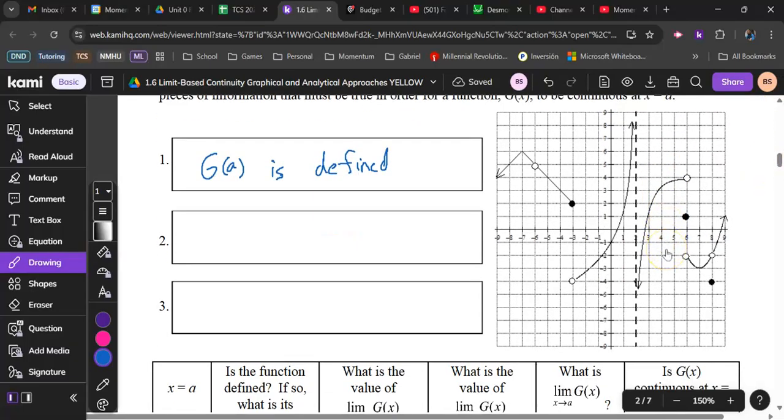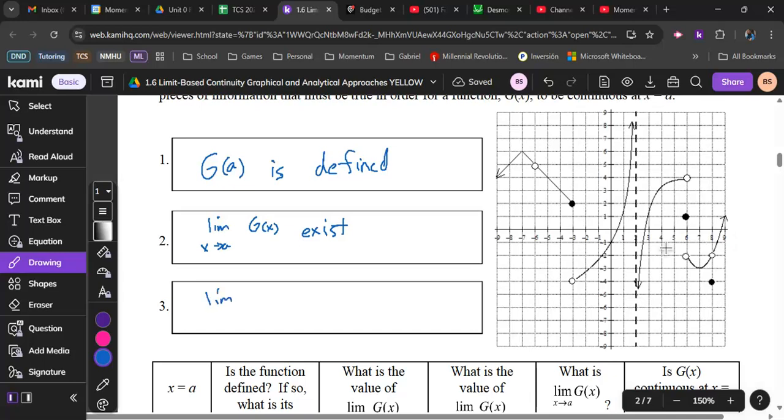The next thing is that the limit as x approaches a of g of x needs to exist, meaning that it has to exist from both sides and be the same thing. The third part is that those 2 things need to be equal.